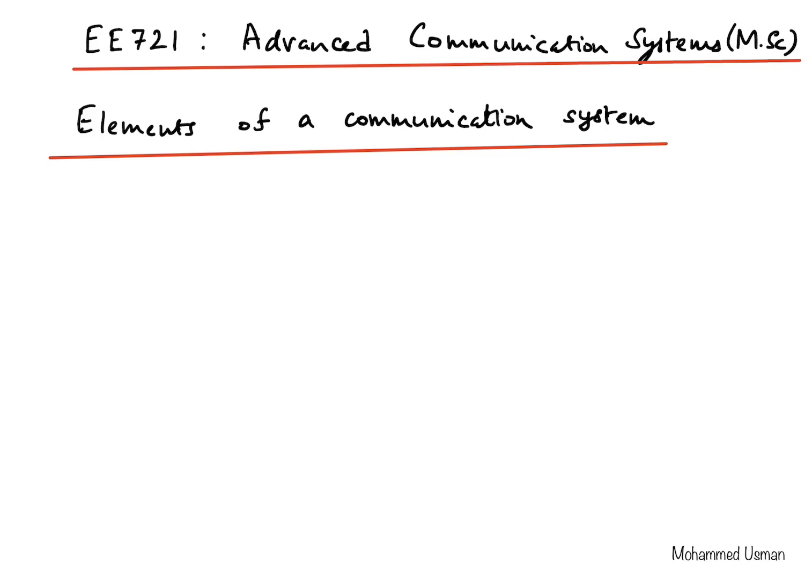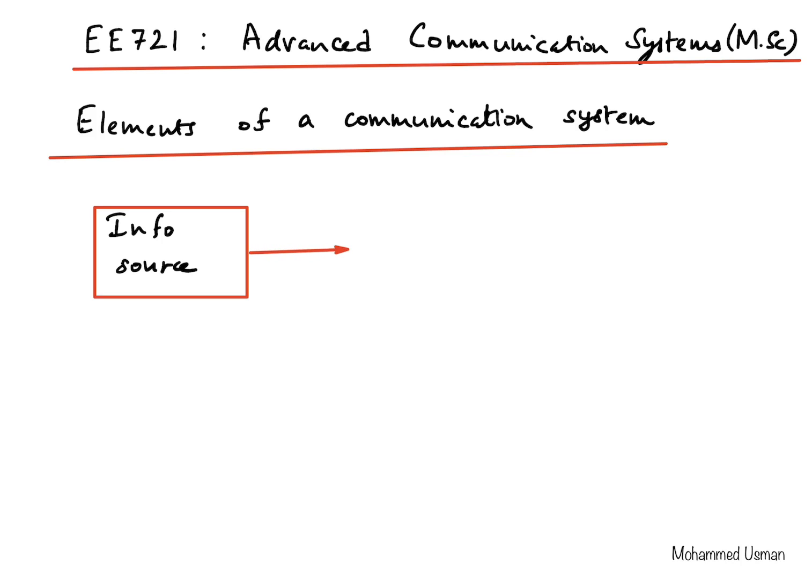So in a typical communication system, we have an information source which produces the information that we want to communicate. That would be represented by a block which we can call the information source. From that information source, the information that we need to transmit would be sent to a transmitter.